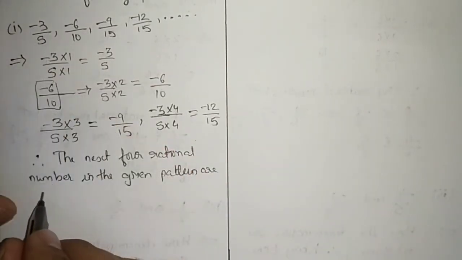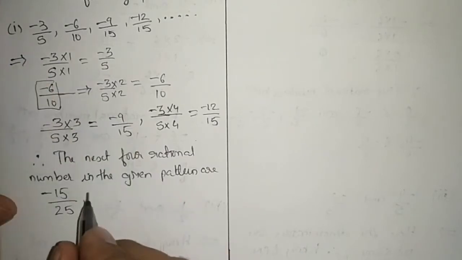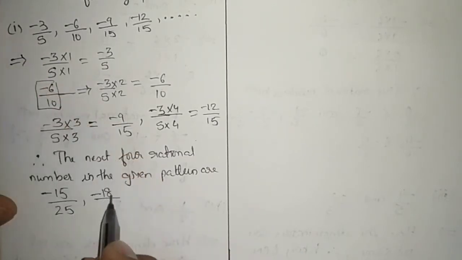So minus 3 by 5, minus 3 into 5 will give me 15 and 5 5s are 25. Then 6, so minus 18, 6 3s are 18 and 5 6s are 30.